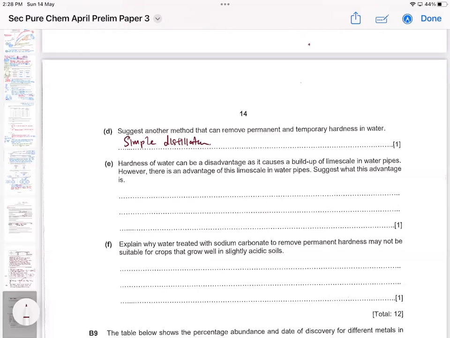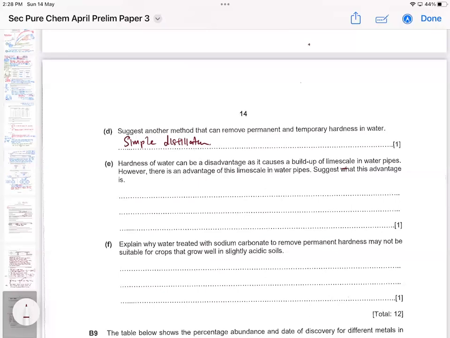Okay, that's all. Part E, a disadvantage of hardness is that it causes a buildup of limestone. Because of the calcium presence, this is very prominent. I'm not sure if you have seen it before. This kind of formation is very common if you use electrical steamers or hot pots to boil water.